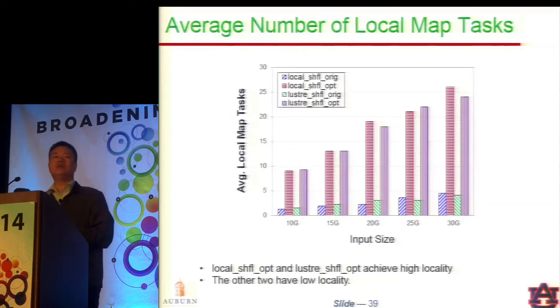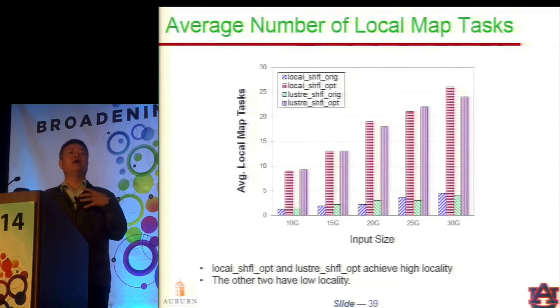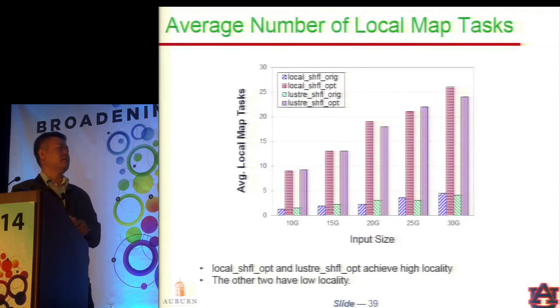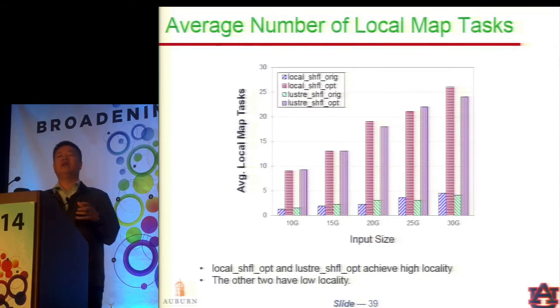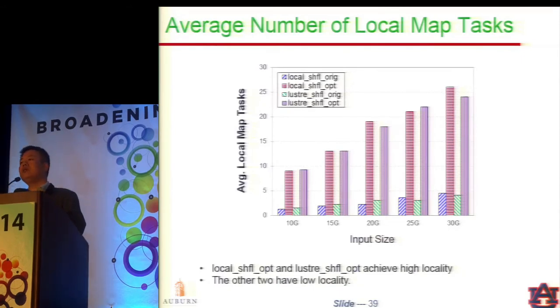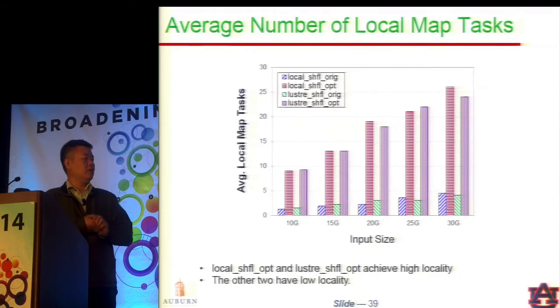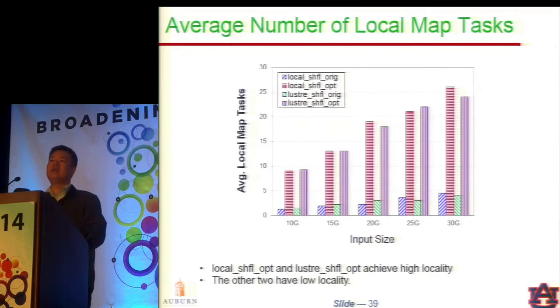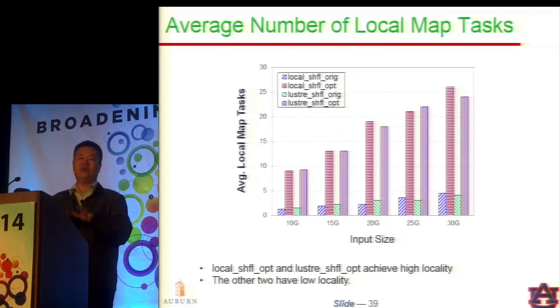This slide shows the comparison in terms of the locality of map tasks. Essentially, we measure the number of map tasks that can achieve locality by running on the node where the data is local. As you can see, with optimized task scheduling, we can achieve very high locality for 2 cases.